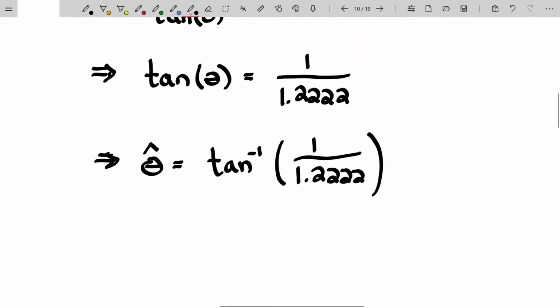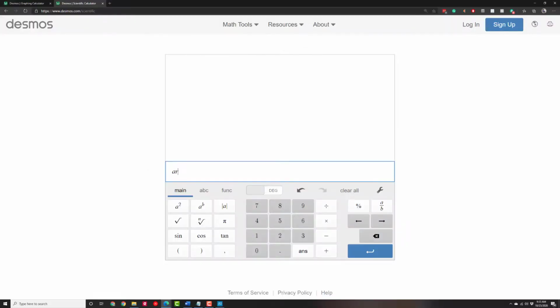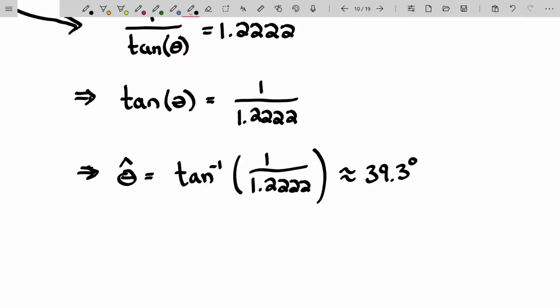But let's go ahead and grab a calculator really quickly. I'm going to hop over to Desmos here. I'll do the arc tan of 1 over 1.2222, and you get 39.3 degrees. There you go.